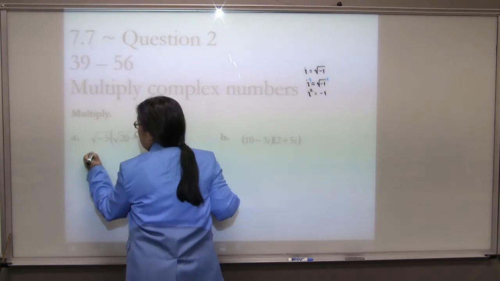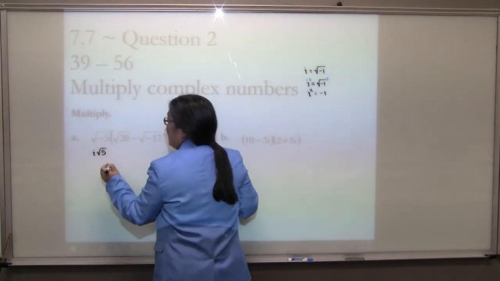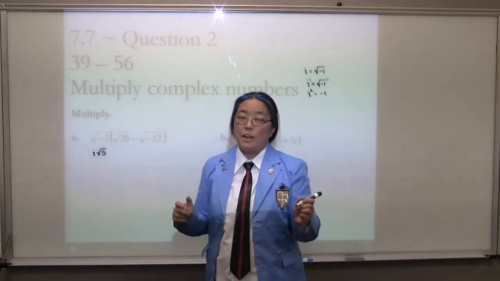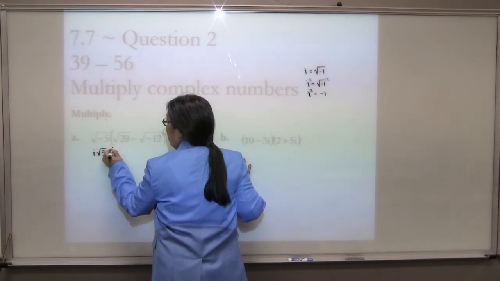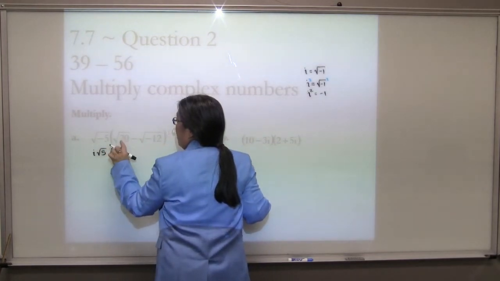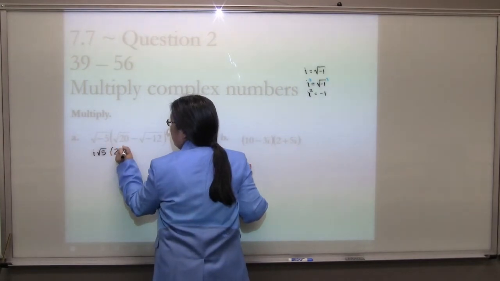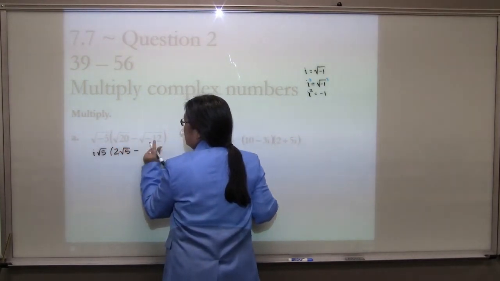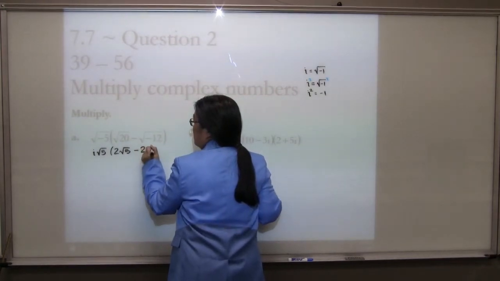But this is going to become an i on the outside with a square root of 5. You will never have an i on the inside of the radical. And then we could actually simplify that. That's 4 times 5, which is 2 square root of 5, minus 12. That is 4 times 3, so 2 square root of 3.